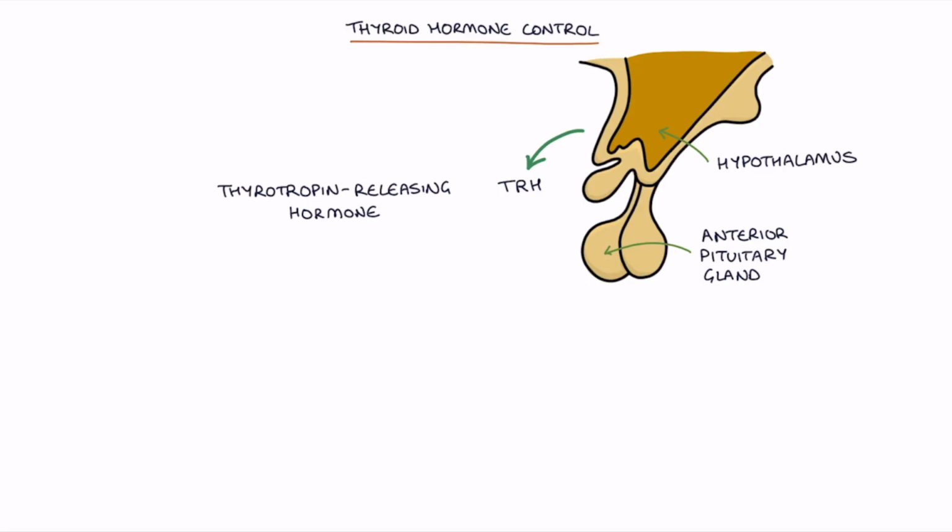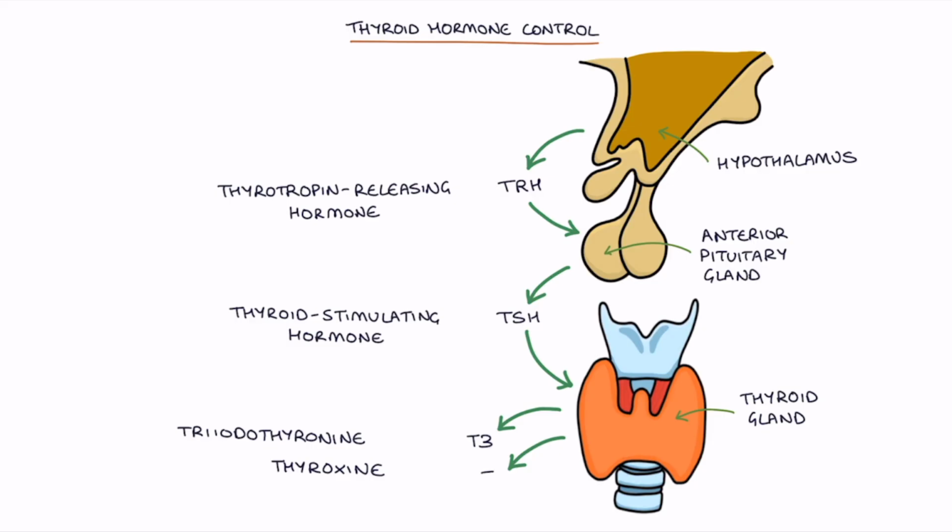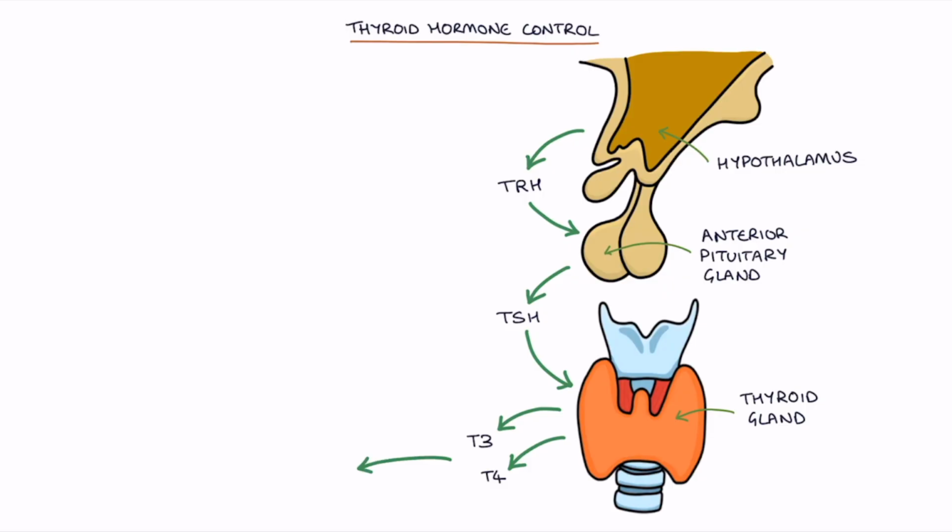TRH stimulates the anterior pituitary to release thyroid-stimulating hormone, or TSH. TSH stimulates the thyroid gland to release Triiodothyronine, or T3, and Thyroxine, or T4, which are the thyroid hormones. T3 and T4 go off to the body tissues to carry out their effects.